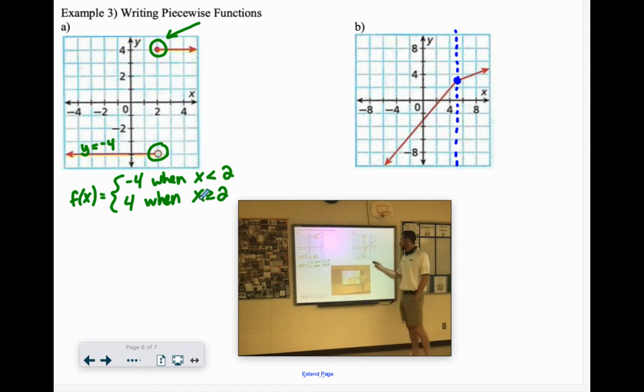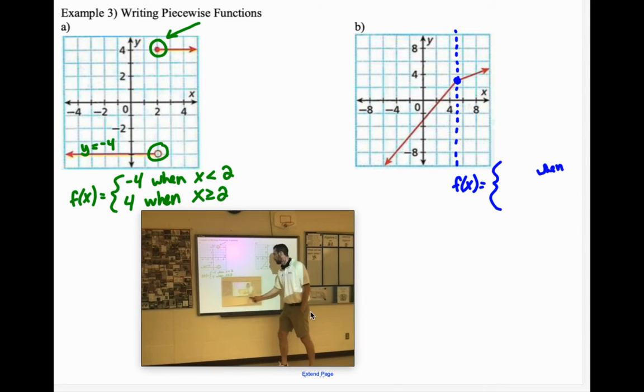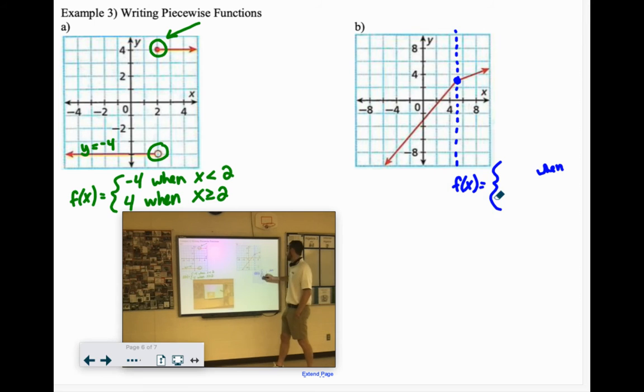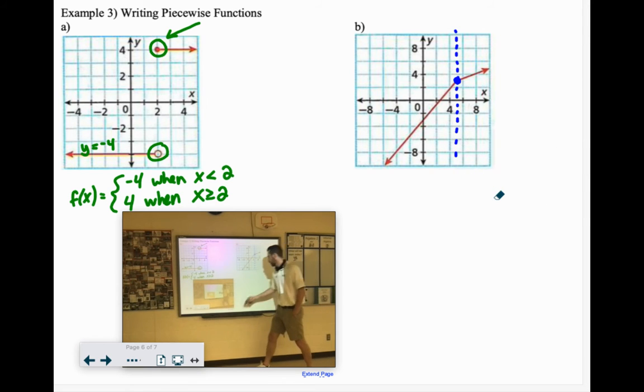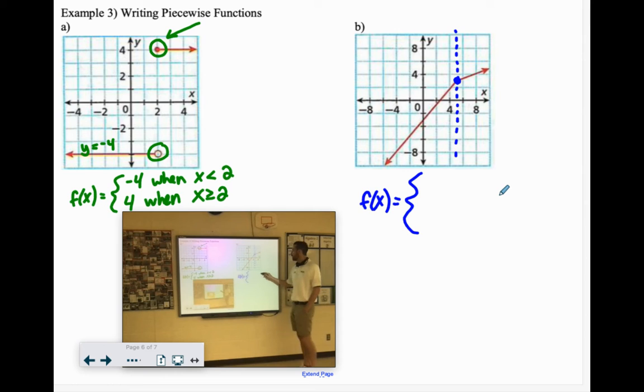So we'll say f of x equals, squiggly, do something when x is less than 5.